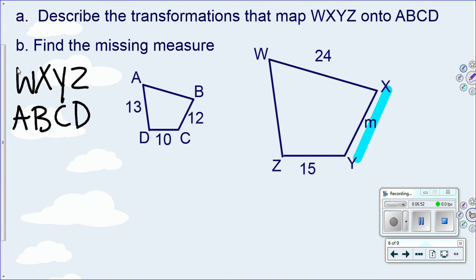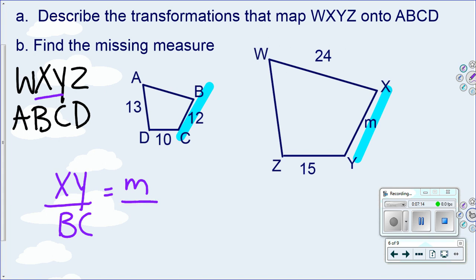So this side is XY. What corresponds with XY? BC. So what is the length of BC? 12. BC is 12. Okay, so we're going to write M over 12.